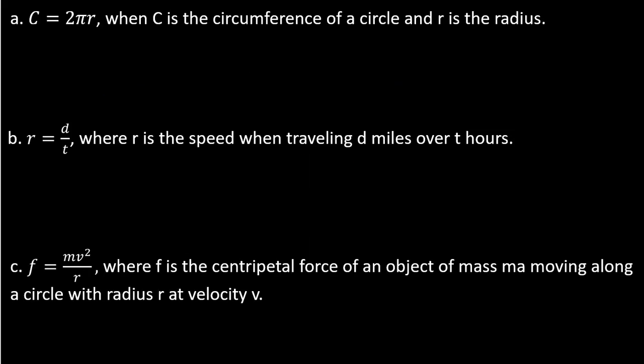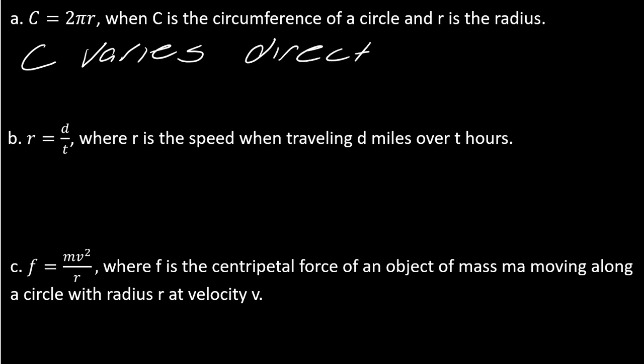Okay, so the first example, I want to rewrite this as variation. So c equals 2 pi r, where c is the circumference of a circle and r is the radius. Instead of thinking of this formula, so remember I've got c equals, in the language of variation, I would say c varies, and then we're multiplying by r.